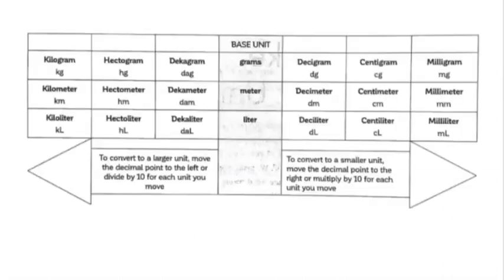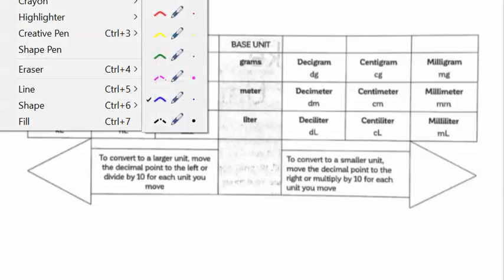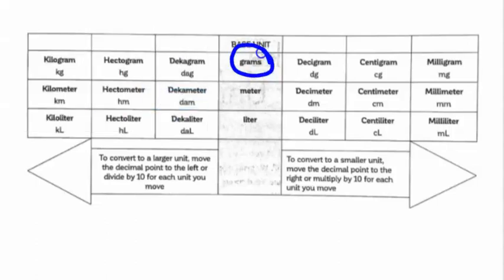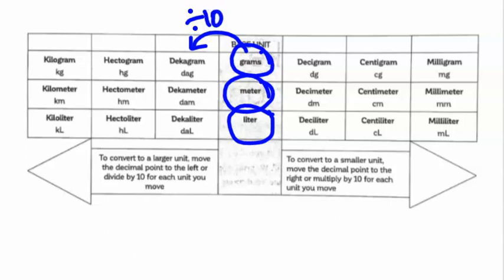So all week we've been talking about converting metric units of measurement, and we have had different base units. We have been talking about grams and meters and also liters. And so we know that when we're converting grams to decagrams, then we are dividing by 10. This is very similar.